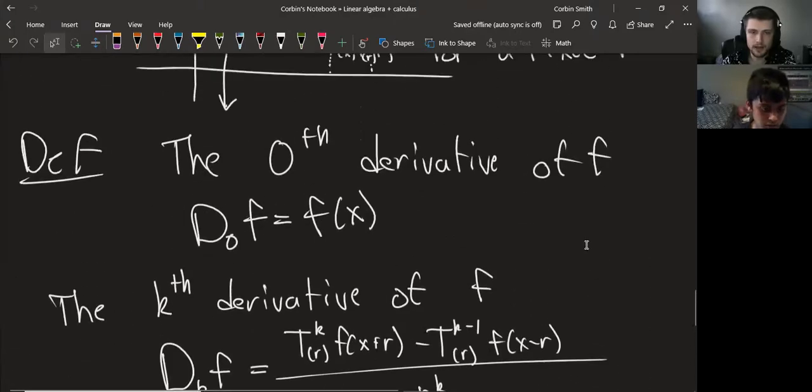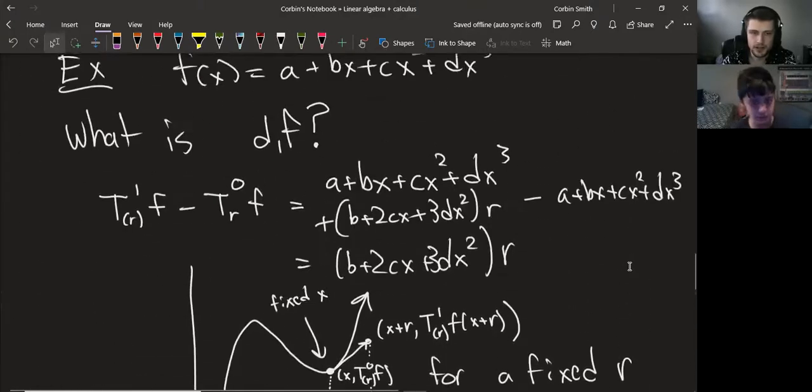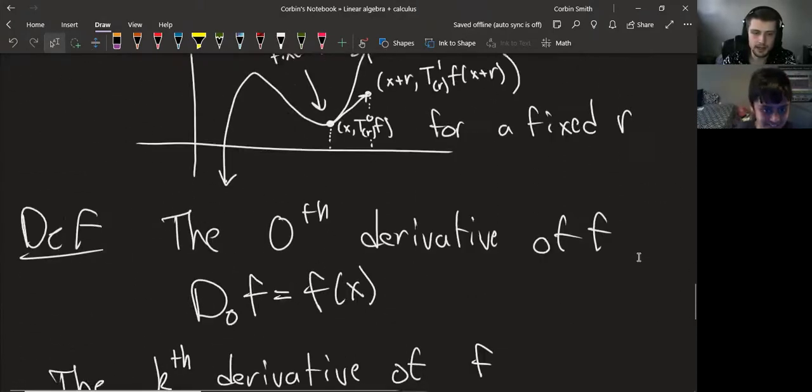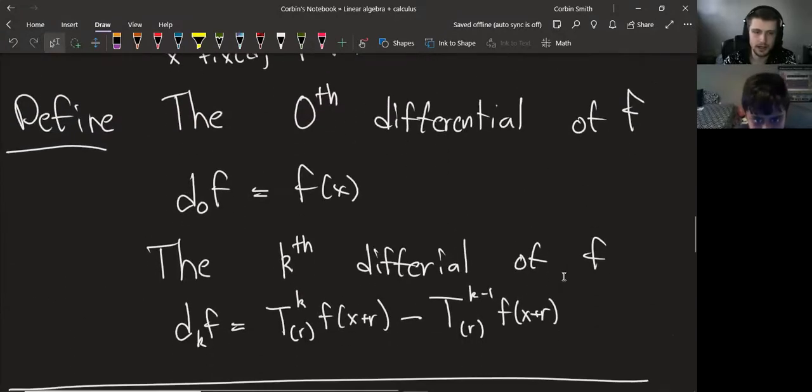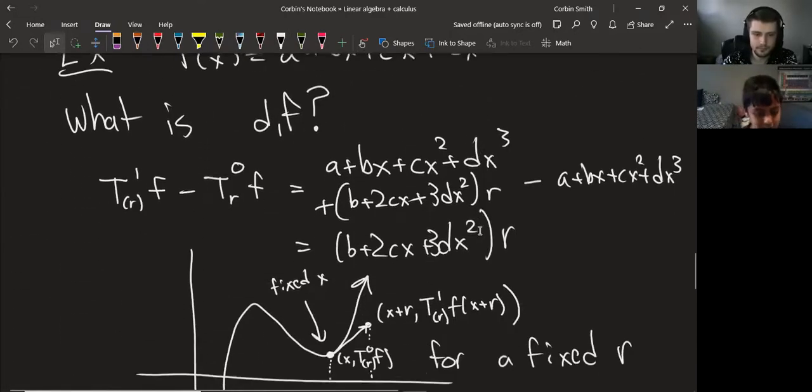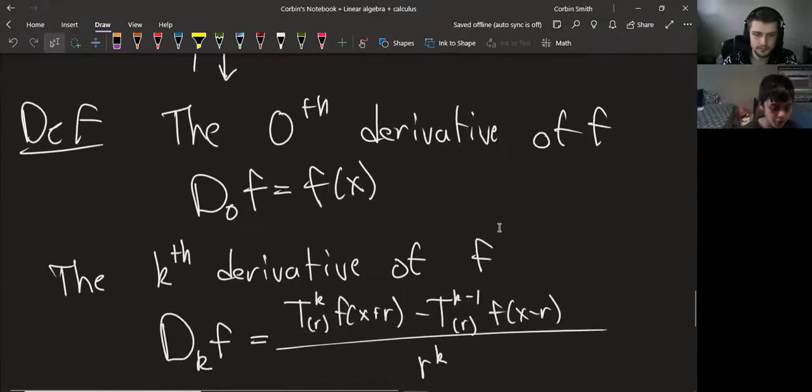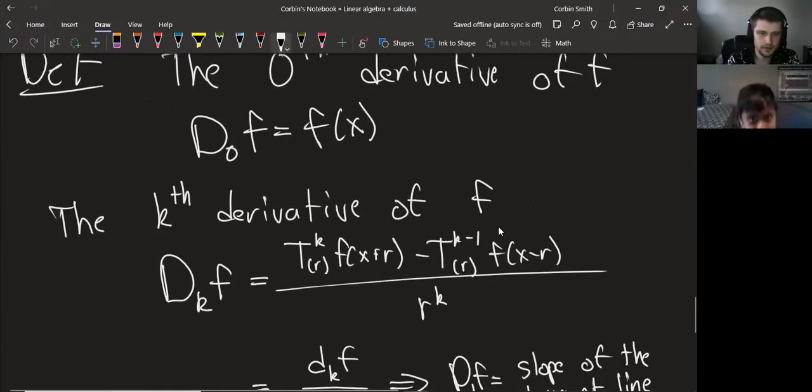Yeah, so I'm actually going to make some changes. I'm going to put the definition, the index, the 0 and the k, on top. Just keep the d for 1. It just saves some time.